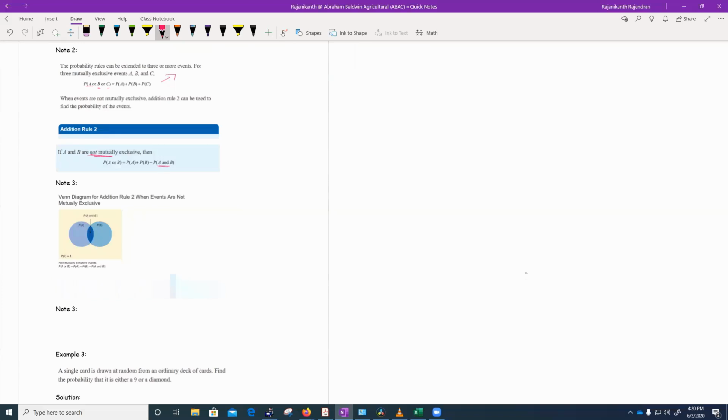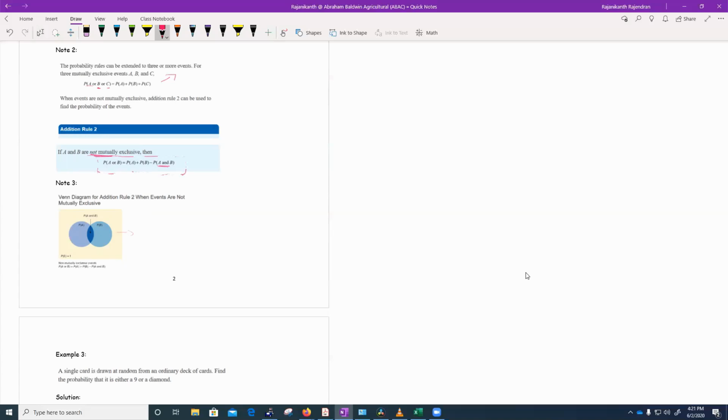If you look at the picture here, unlike earlier, the two sets are intersecting with each other because now we are considering two sets that are not mutually exclusive, meaning not disjoint. They may join together, right? Therefore, you will always have an overlap region. So if events are not mutually exclusive, simply use this formula to find the probability of A or B.